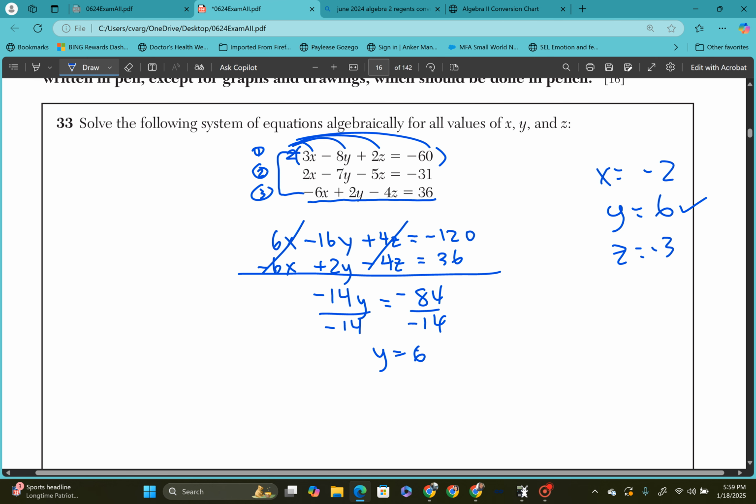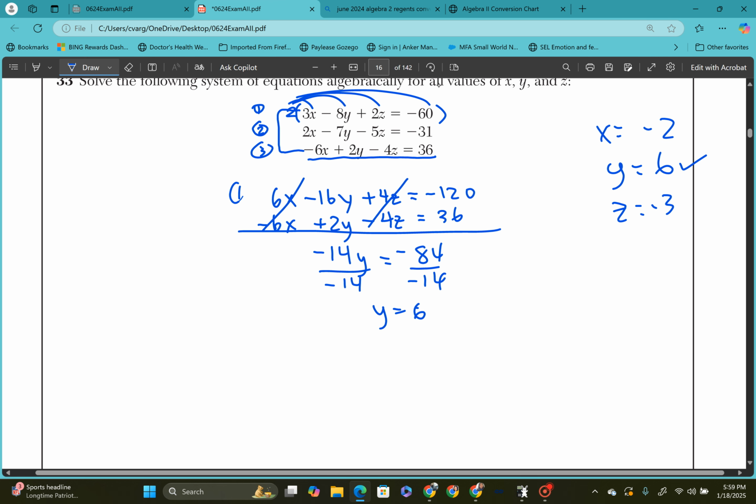I have to use two other equations. For this one I used 1 and 3, and I cannot use 1 and 3 again. Why don't I use 2 and 3? Okay, so equation 2 and equation 3.